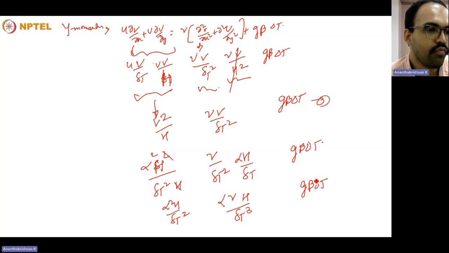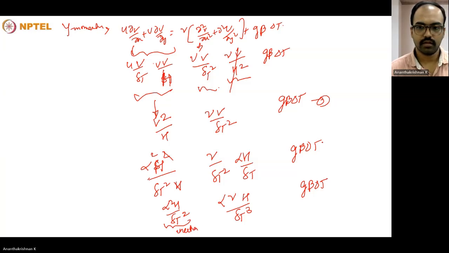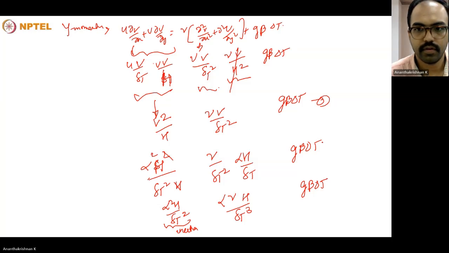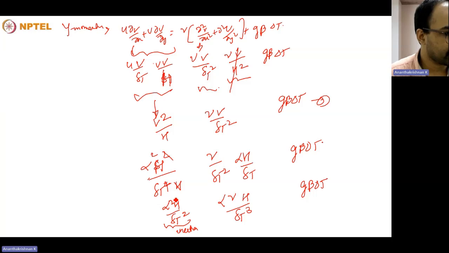And now we try to analyze between these three terms. The first term is the inertia term. Beg your pardon, this is alpha square, this is delta t raised to 4, divided by delta t squared. So this will become delta t raised to 4.